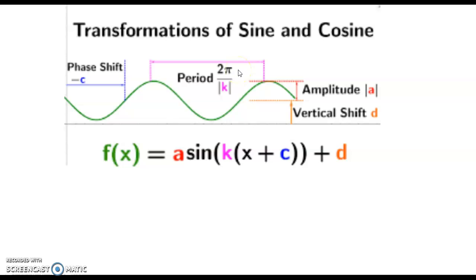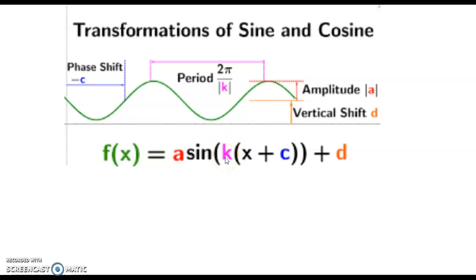Now that we could be transforming the graph, we're going to calculate horizontally, I should say, the period could change. We could compress it or stretch it horizontally. And so to calculate the period now, what we'll do is we'll take 2 pi and we will divide it by the k value, and we should specifically say the absolute value of the k value, meaning we're always going to divide it by the positive number.